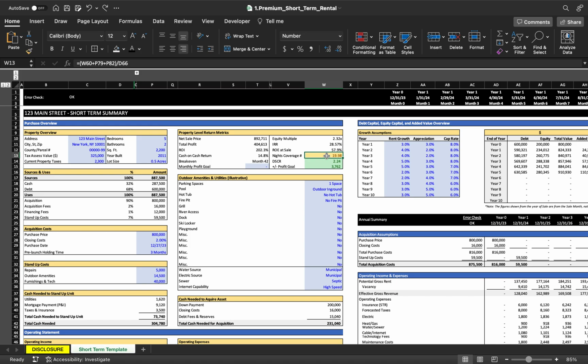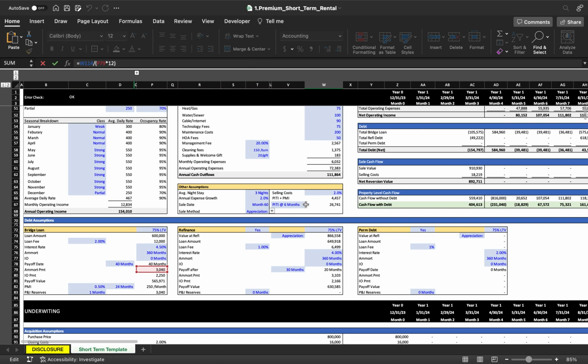So on average, you need to rent your unit out about 20 nights per month to break even. And this is going to change based on the seasonal breakdown, the occupancy, the price, and then how you categorize each month. And then it shows you your debt service coverage ratio. And this is for the initial loan.